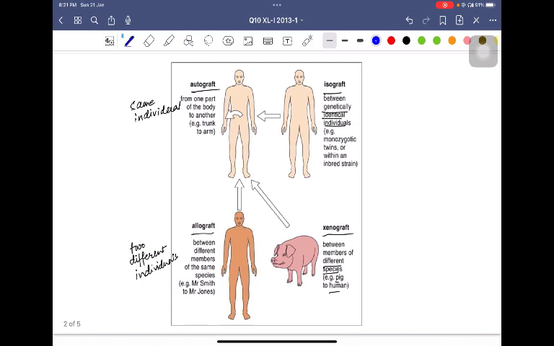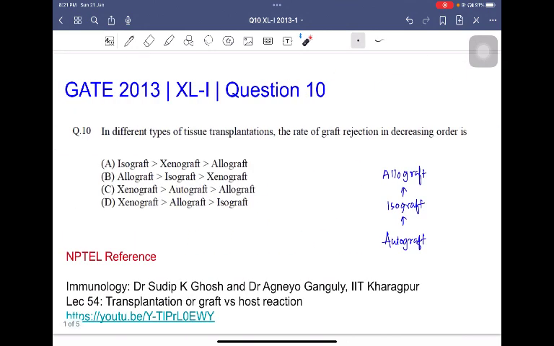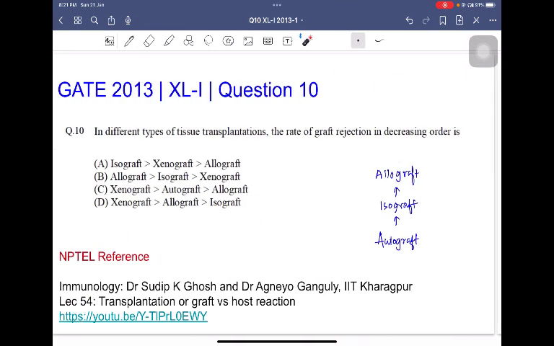And of course, the highest chance of graft rejection will be for xenograft because it is between two organisms which belong to two different species, right? So the highest chance of graft rejection will be in case of xenograft.